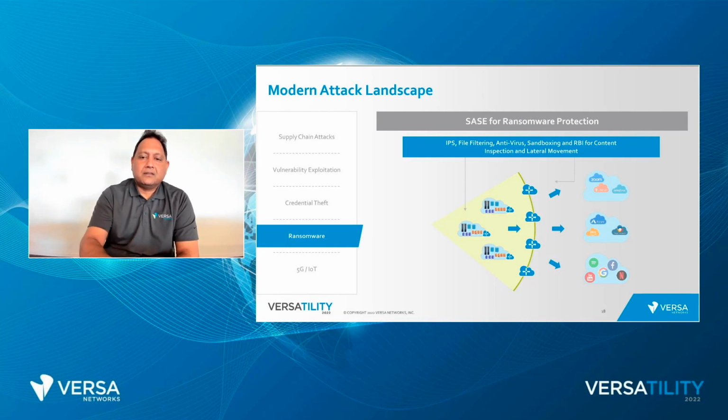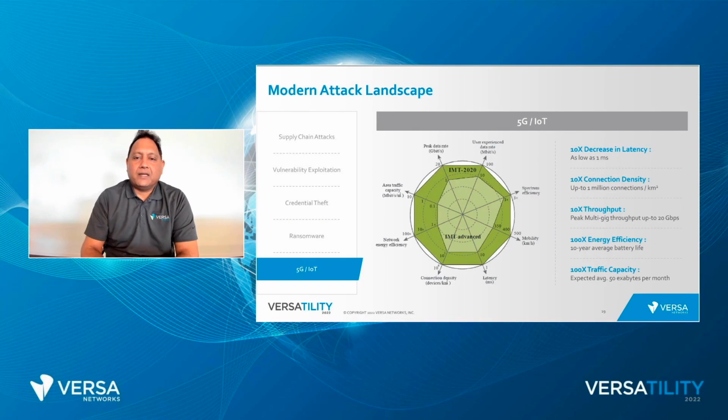Okay. So the last type of modern attacks we're going to consider in this presentation is the 5G and IoT based attacks. When you consider 5G, it brings a lot of promise to the network speeds. 5G promises that it will decrease latency by 10x.